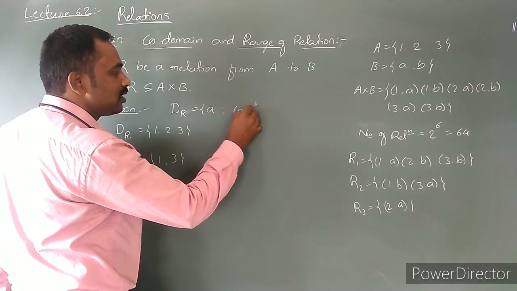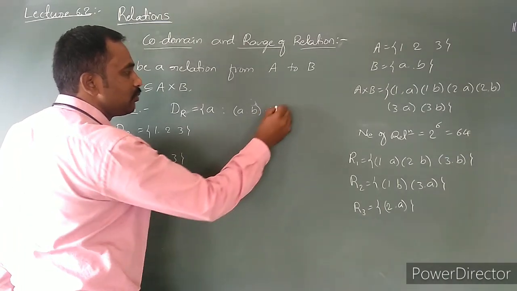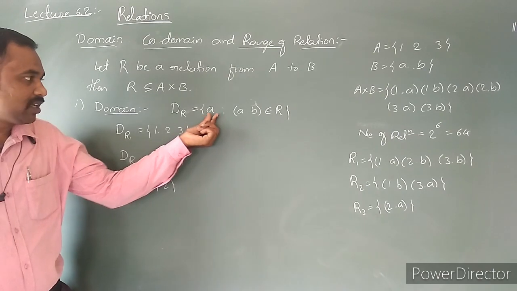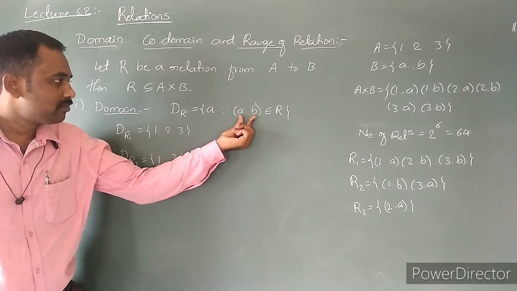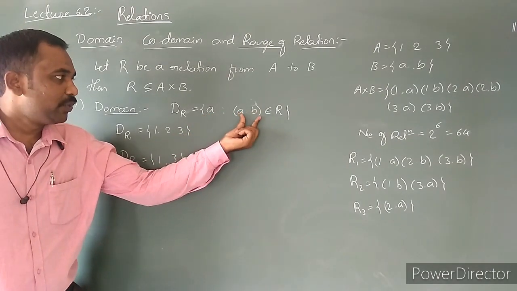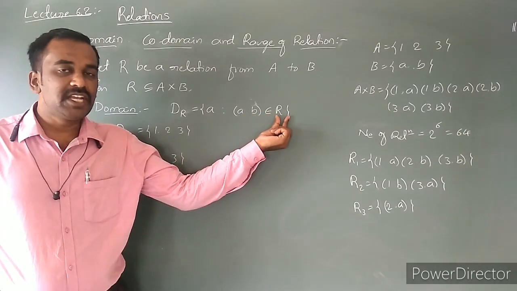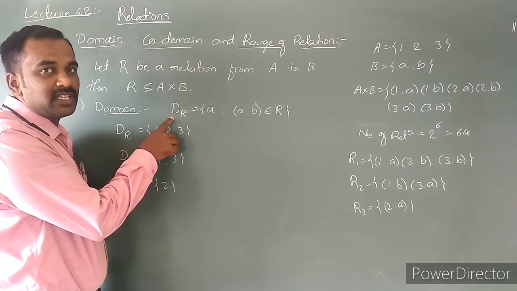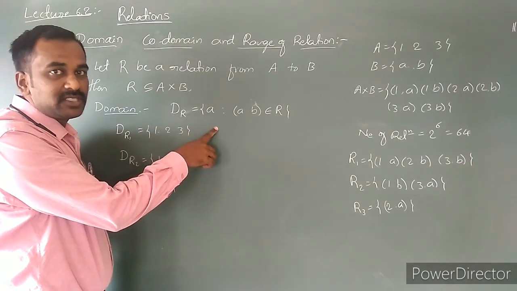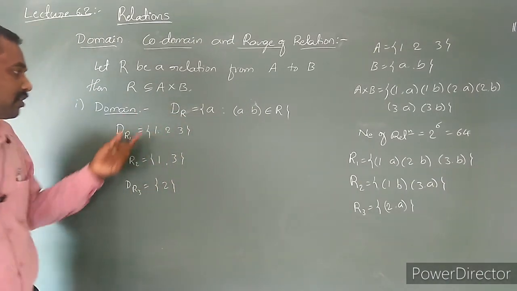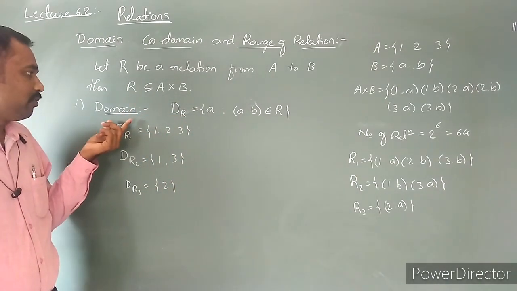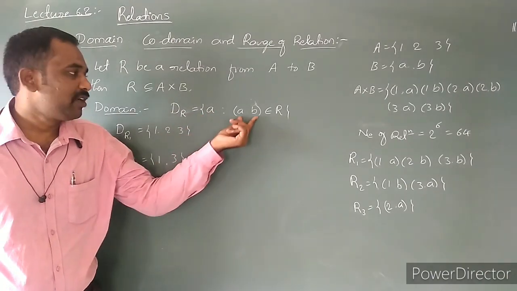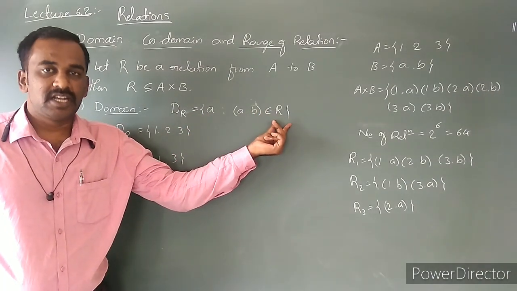We have to choose from the ordered pair (a, b) which is present in the relation R. This is the set representation in set builder form. In words, the domain of the relation is given by the first elements of the ordered pairs from the relation.